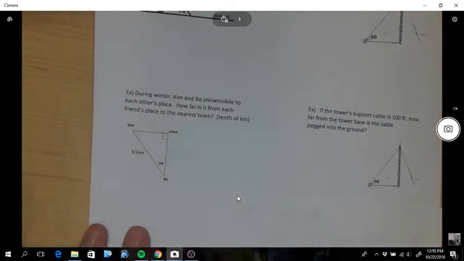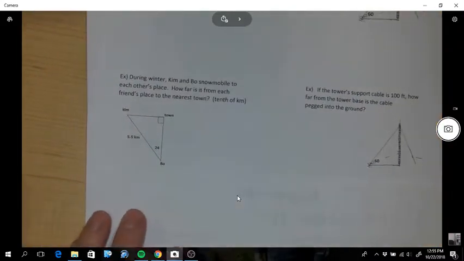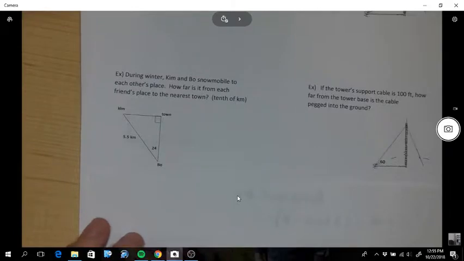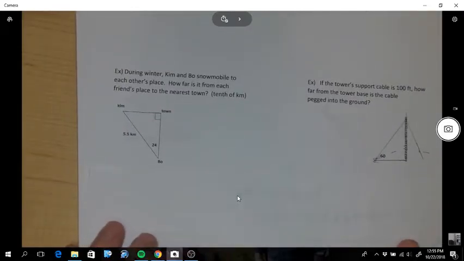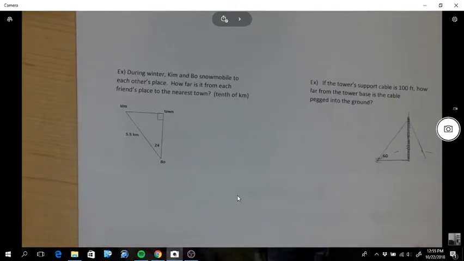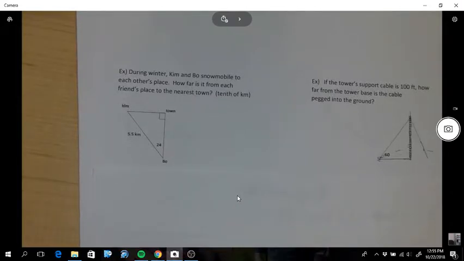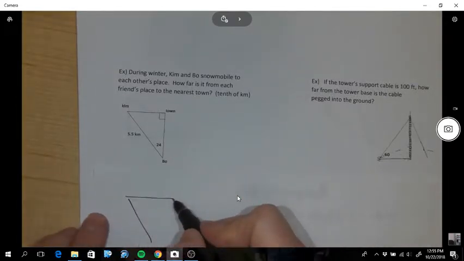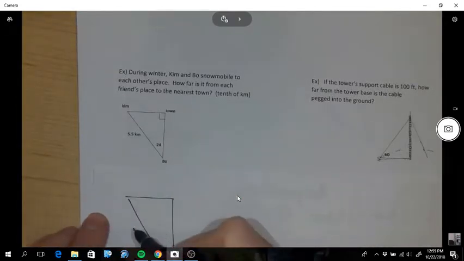Next example. During winter, Kim and Bo snowmobile to each other's place. How far is it from each friend's place to the nearest town? So we'll draw this 5.5, 24 degrees.